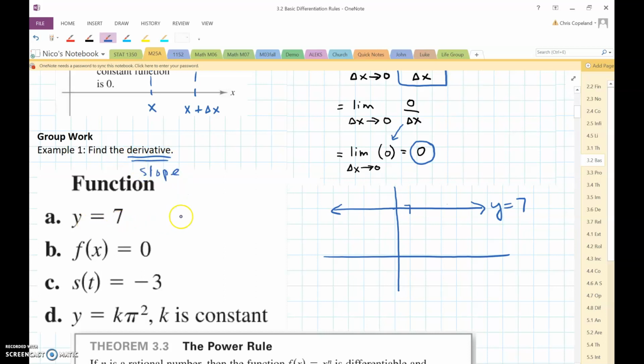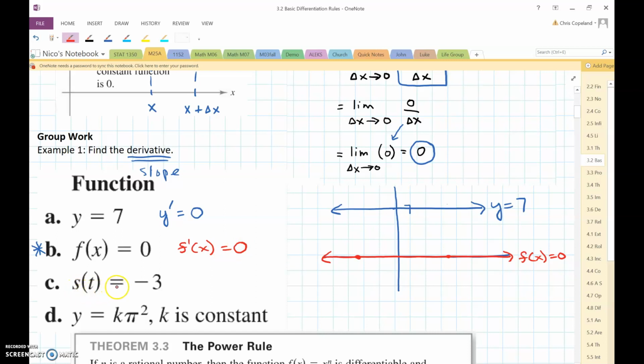So the slope of this function, no matter which x value you pick, which I'm going to say y prime, is going to be 0 because it's a constant function. Let's look at B. What if I asked you f of x equals 0? Well, now this horizontal line would be right here. The slope of this function, no matter which point I pick, f prime of x, would still be 0.